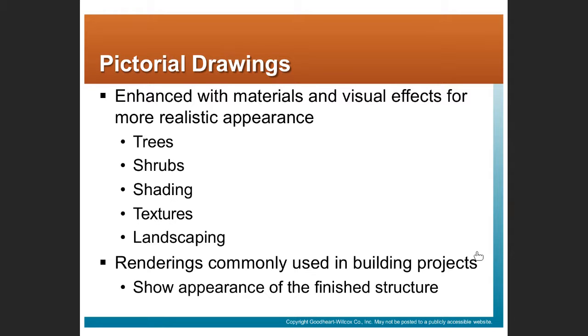We're doing all these things so the owner or stakeholders can visualize what that building might look like in its finished state. As the designer, as the architect, we want people to see what our building is going to look like.